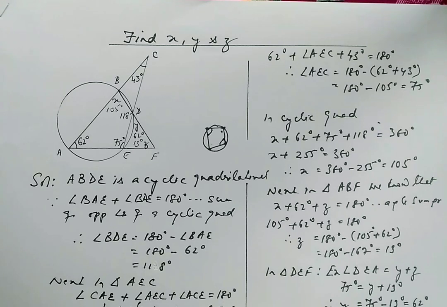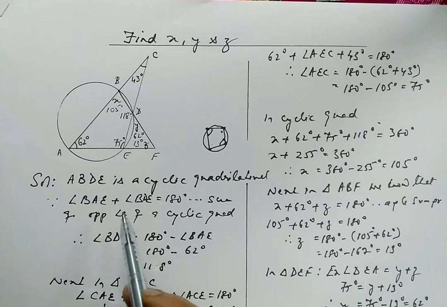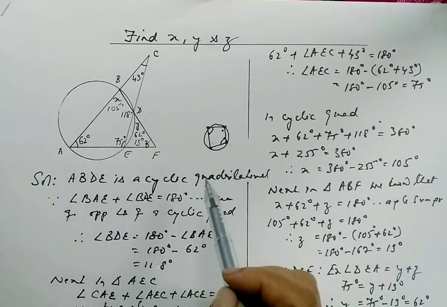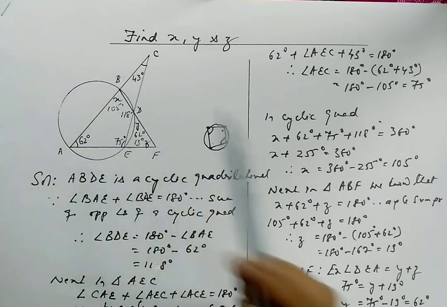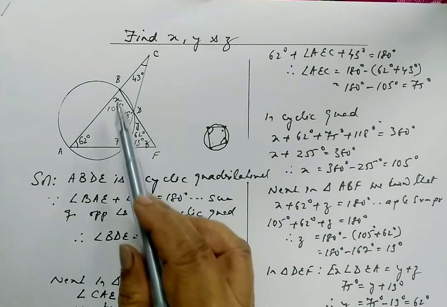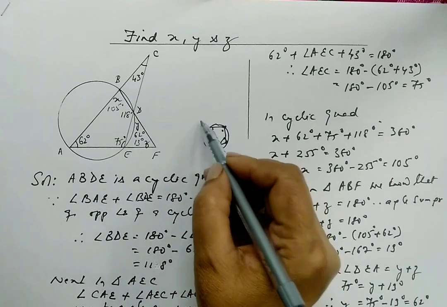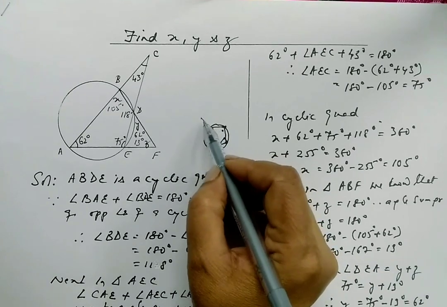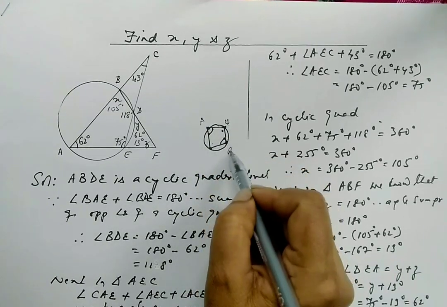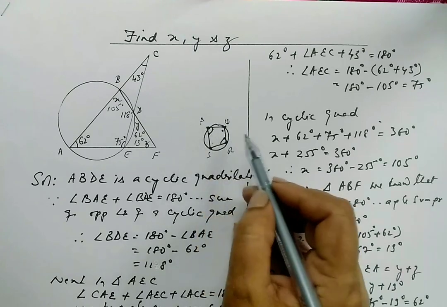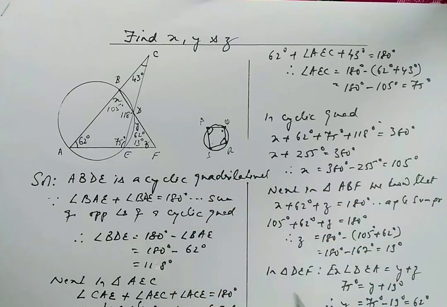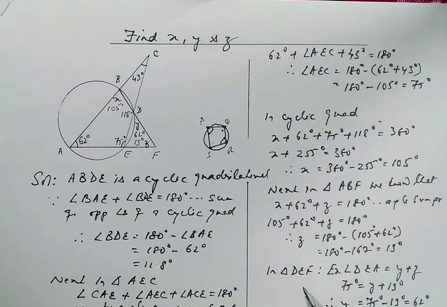So I hope this makes everything clear to you. If I can quickly reinforce, my first step would be to identify the cyclic quadrilateral in this figure, which is ABDE. In a cyclic quadrilateral, say PQRS, all the points lie on the circumference of the circle.